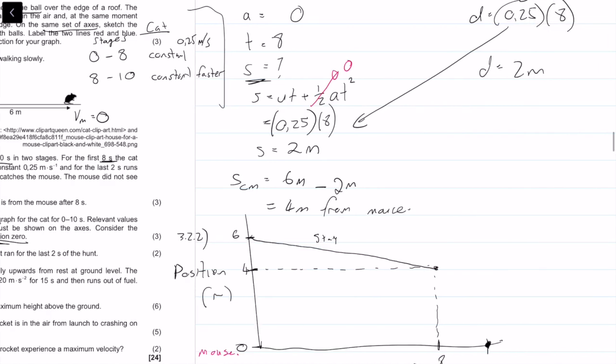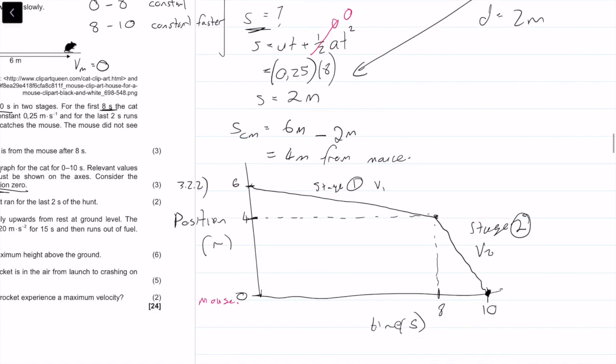So this would be stage 1 with velocity 1, and this would be stage 2 where the gradient is velocity 2. And we also know that this was 10 seconds. So I think all the relevant points have been plotted. Yeah, I think everything's there.